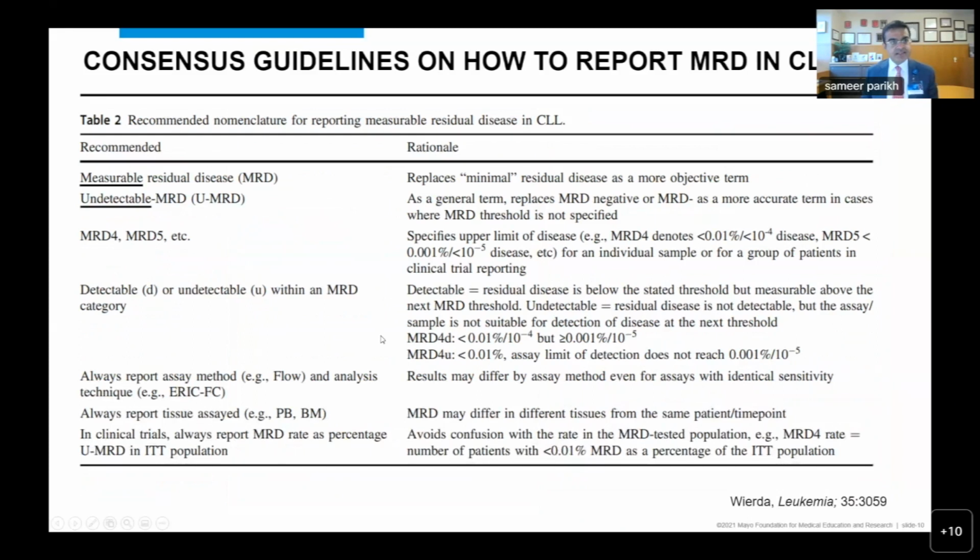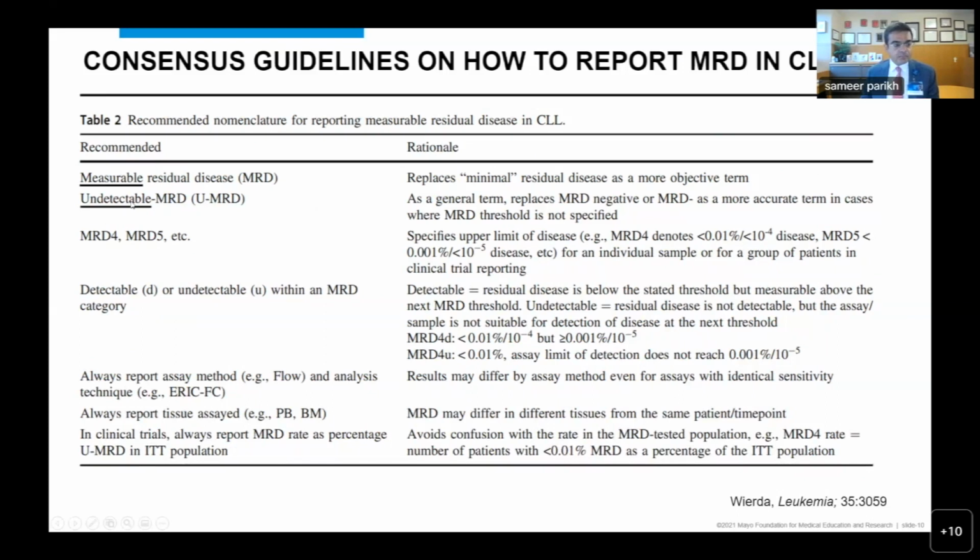There have been consensus guidelines now on how to report MRD in CLL, and these were published by Dr. Viada and colleagues. I think it's important to understand that instead of calling it minimal residual disease, the recommended term is measurable residual disease.